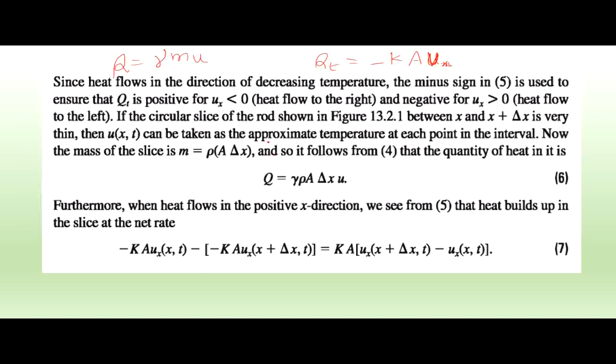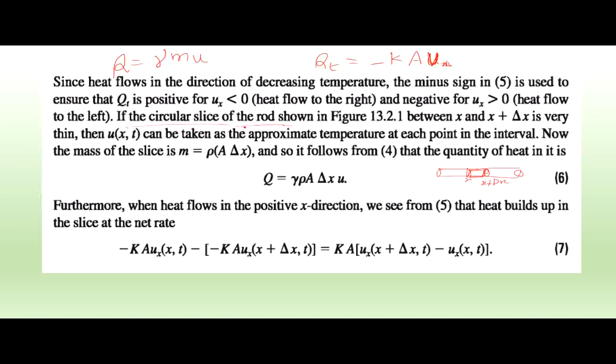Now, consider a circular slice of the rod, meaning a small piece we are taking from the rod. Here it is x and the small distance, this is x plus del x. We take a very thin slice.